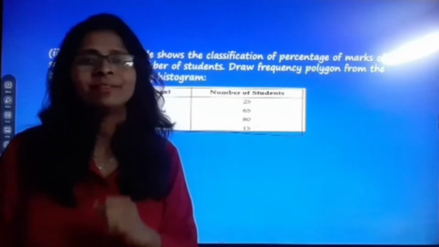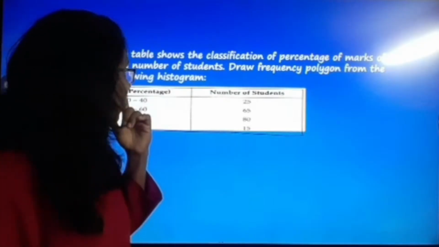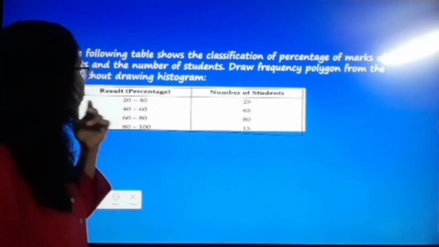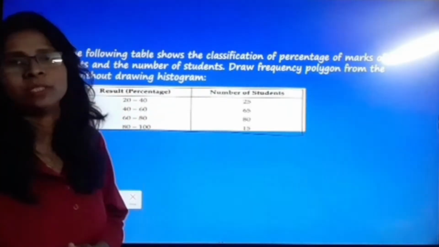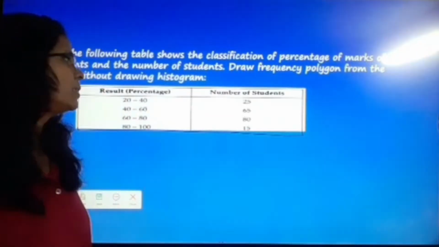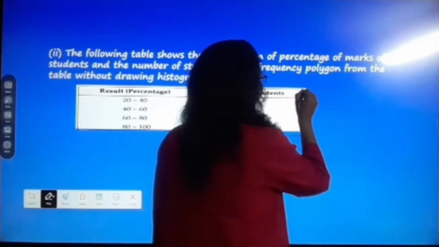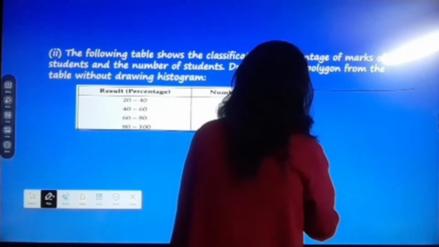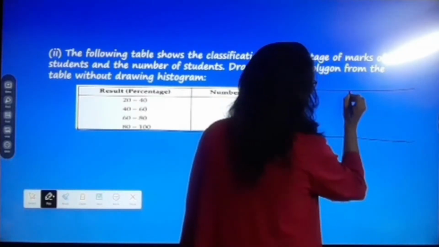Here we require the class mark, students. So for the class mark, I make a third column.